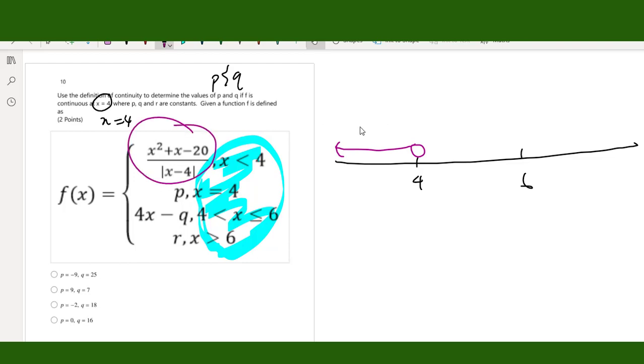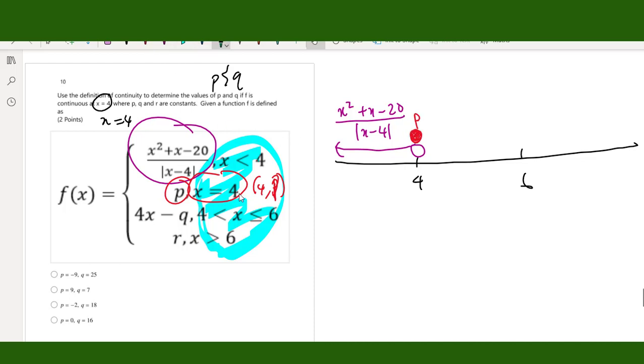the function is x squared plus x minus 20 over the modulus of x minus 4. When x is equal to 4, y is equal to p; this is just one point, only p.